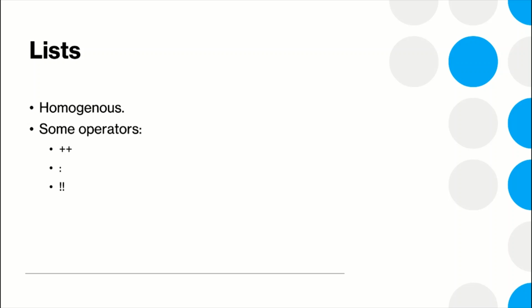For this case we need to have the same type as the list, that we are going to see later. And the last operator is an infix function, and we give it an index, and it returns the value at that index in the list, that we are going to see later.